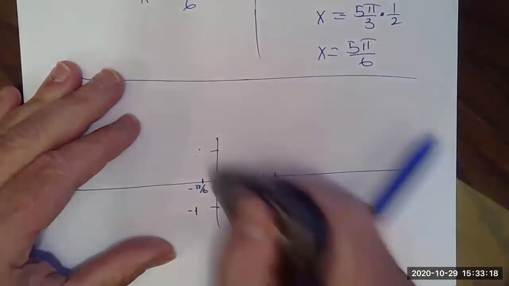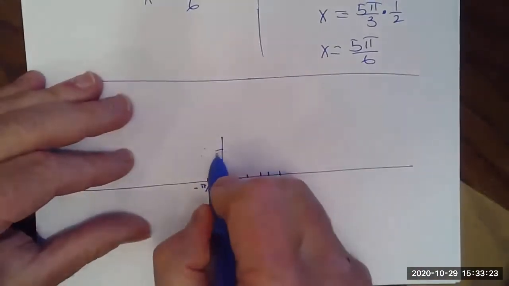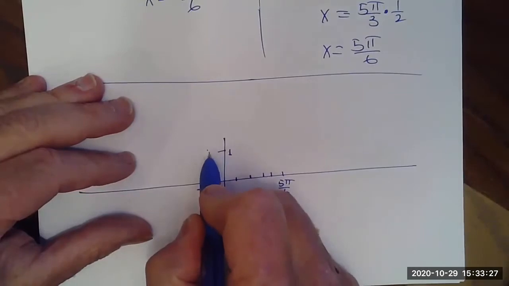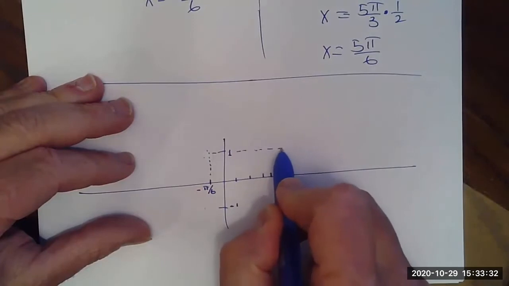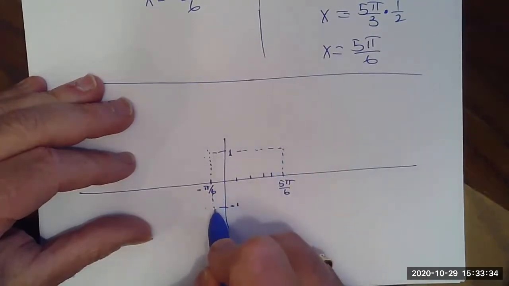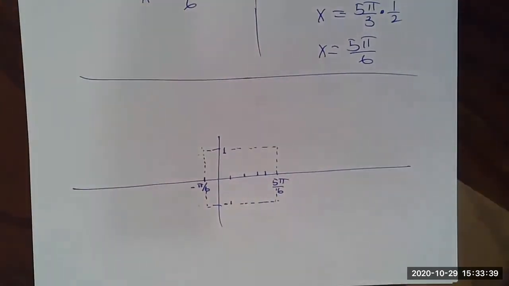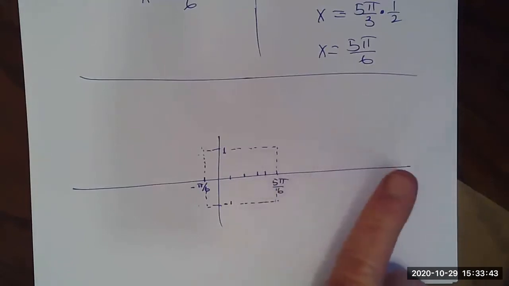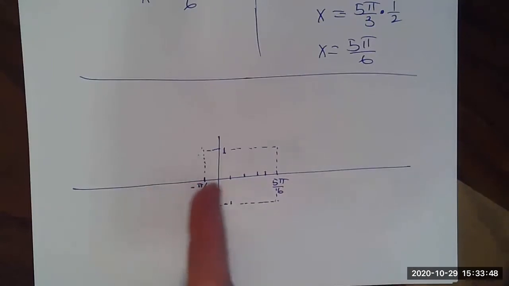Gets a little messy. Okay, I'm going to do 1 period this way. Remember, 3 periods. I'm going to do another one this way, and do another one to the right, and then one over here to the left.